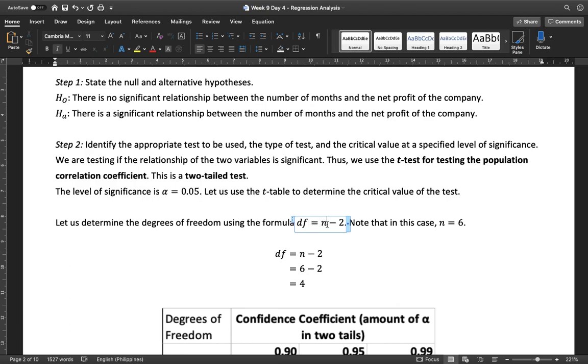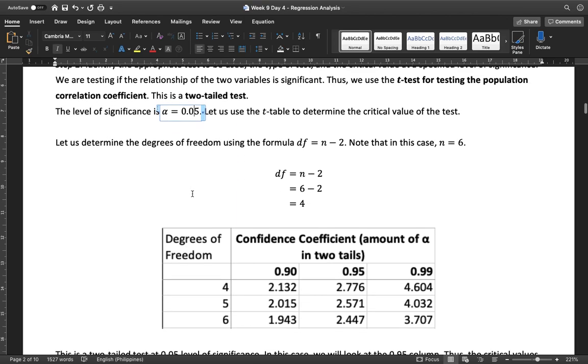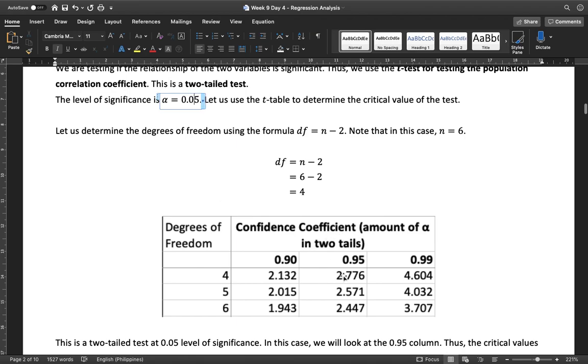Parang yung nakaraan lang. Last lesson lang natin to actually. So, n is 6. Kasi 6 months tayo. So, df equals n minus 2. That's 6 minus 2 equals 4. So, 0.05 ang level of significance natin. So, ang check natin column ay yung kay 0.95. Degrees of freedom, 4.